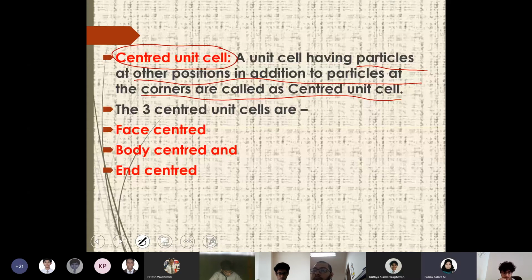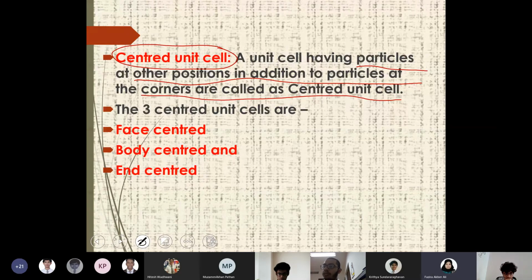But if, other than these 8 corners, some other areas are also occupied by particles, then such unit cells are called centered. Such arrangements can be further classified into 3: face-centered, body-centered, and end-centered unit cells.